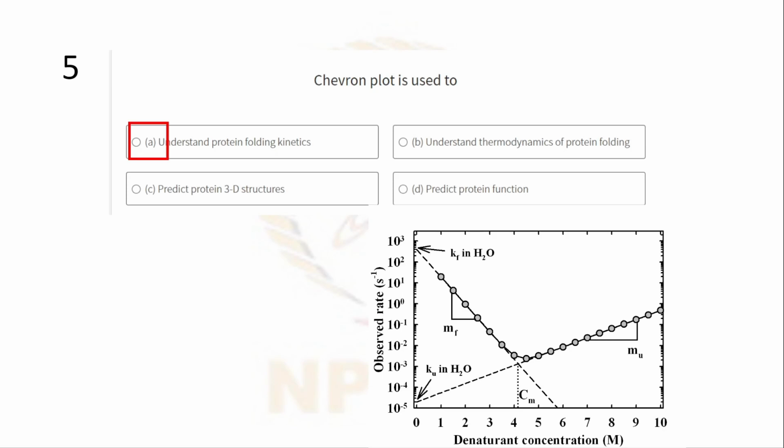Yes, so it is interesting really. The folding and unfolding rates will be different because the path it takes, like the folded to unfolded path and the unfolded state to folded state path, is not the same.